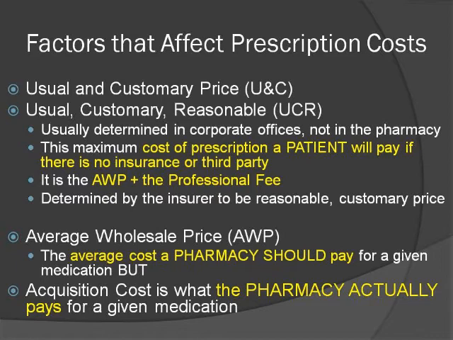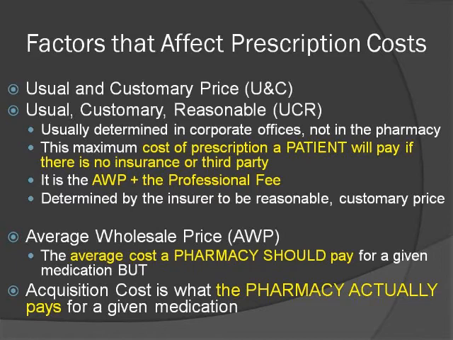What it entails is the average wholesale price plus the professional fee. So it's basically something determined to be a reasonable or customary price. The AWP, or average wholesale price, refers to the average cost that a pharmacy should pay for a given medication.